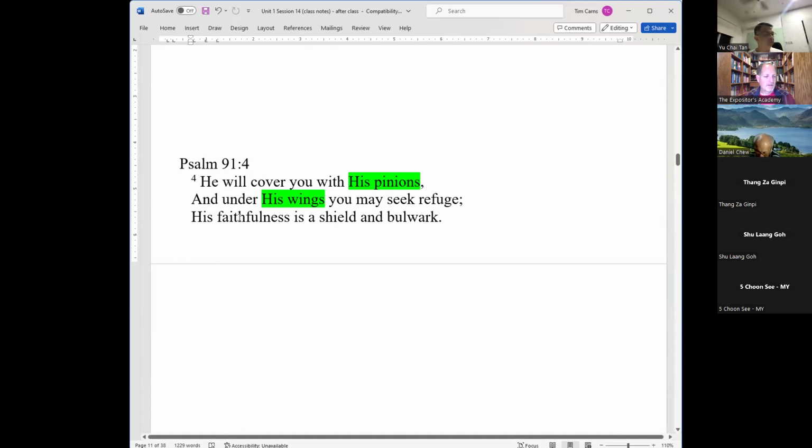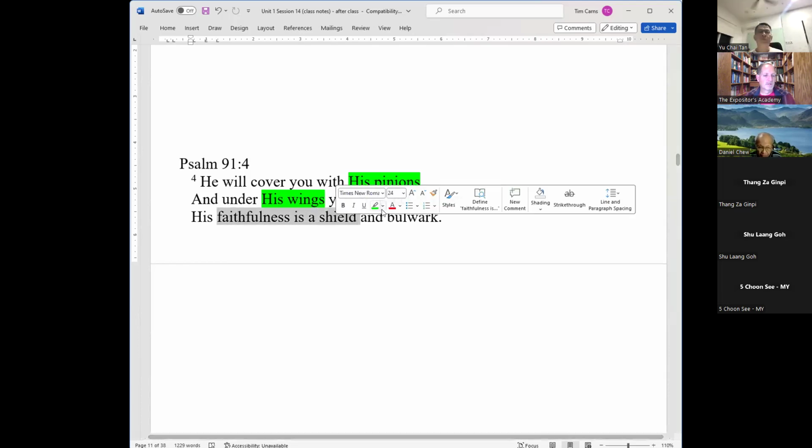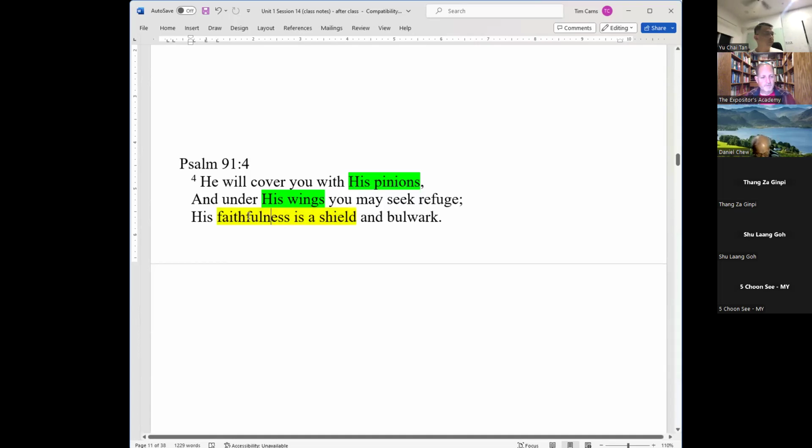And then we had his faithfulness is a shield. That was a metaphor. The faithfulness is not a physical object, but here it's described as a shield because it is making a comparison. And a bulwark, that was a second metaphor here.